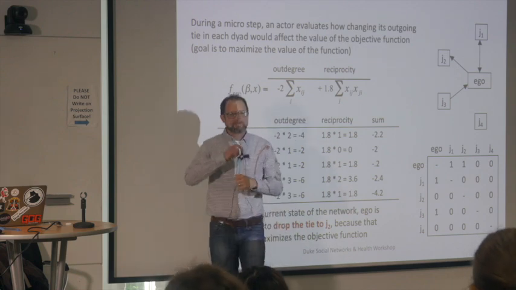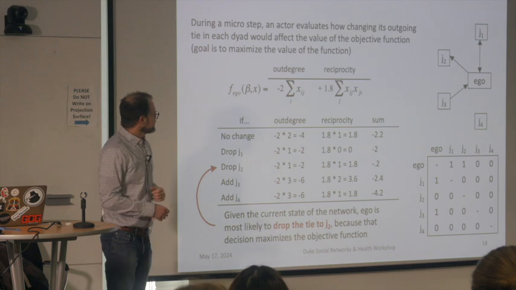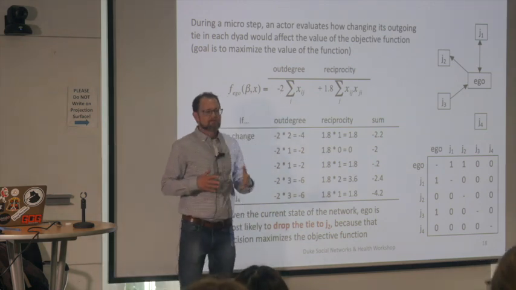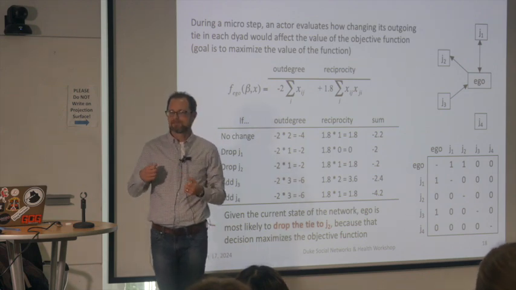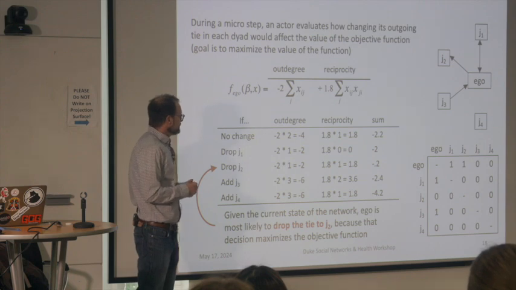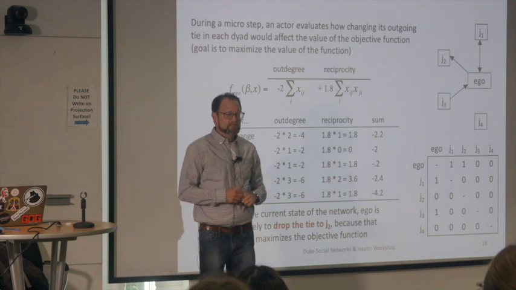Reciprocity is this: if I send you a tie, are you sending me a tie? Right? That's got a positive coefficient. So let's say this is our hypothetical kind of model, right? We're going to test this, whether these parameters work. And so let's say in our network here, ego is chosen to change their ties.